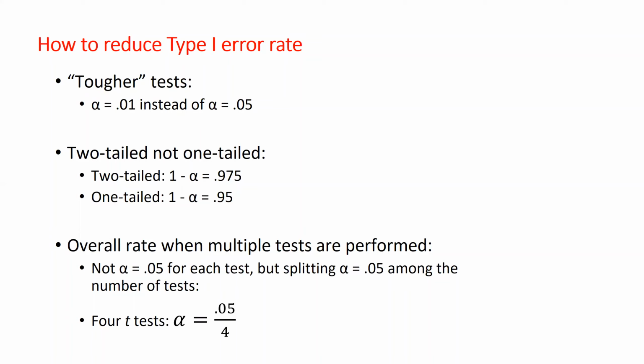And we're not really going to go into that, except just note that if you're running 4 related tests, the appropriate thing to do would be one of many techniques, the easiest of which would be, instead of alpha of 0.05 for each test, the conservative thing to do would be to divide that alpha of 0.05 among the 4 tests. So for each test, you have a lower probability of a type 1 error.